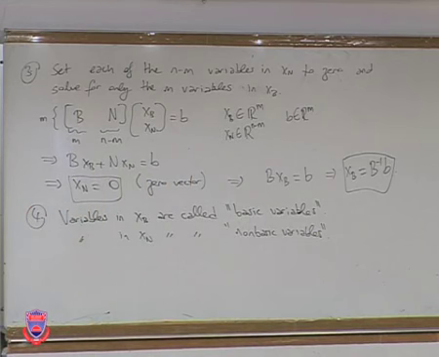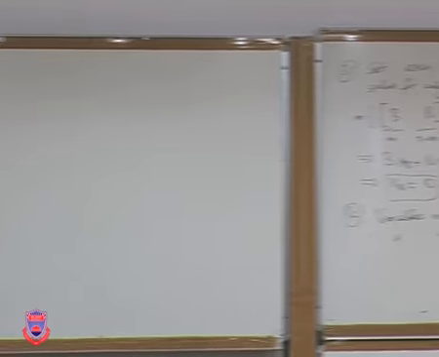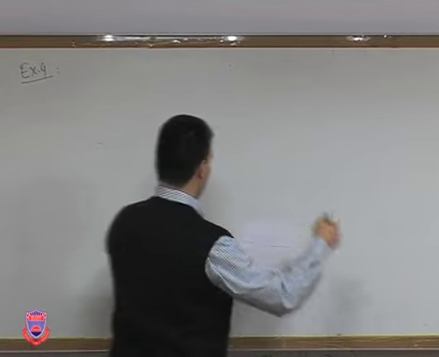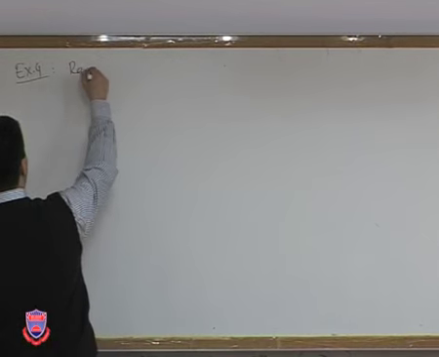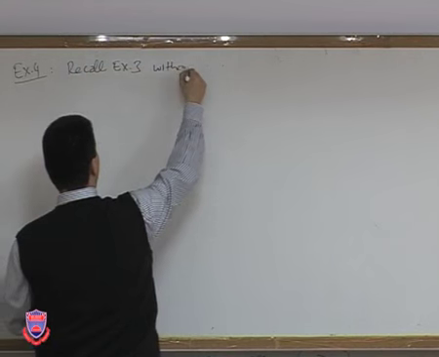Okay? So I'm going to give you an example, and hopefully this is going to be a bit clearer. So here's an example. Let's recall example number 3, but without the redundant equation.